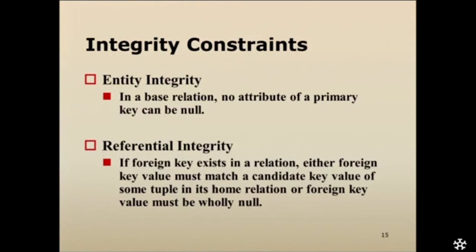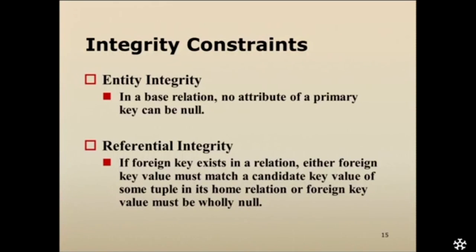And many people may have a null value in certain attributes. The primary key cannot be null, because null doesn't uniquely identify something. There's nothing. And that's what's called entity integrity. Entity integrity tells you primary key cannot be null.